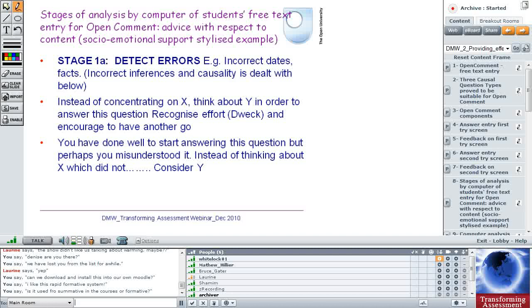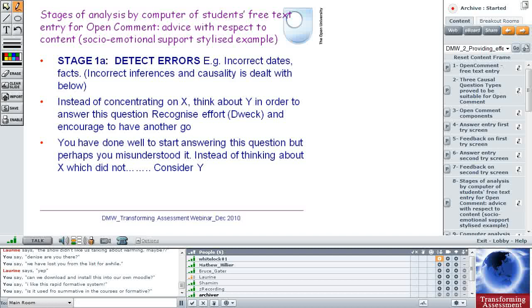And they set up experiments where those who were praised for effort actually went on to undertake a second task when they were offered it, and those children who were praised for their ability did not put themselves in a position to take a second test. So in all the feedback that we're giving, we're trying to recognize effort and encouraging students to have a go. So for example, here you can see you've done well to start answering this question, but perhaps you misunderstood it. Instead of thinking about X, why don't you consider Y? So we've been very influenced by Dweck's work.